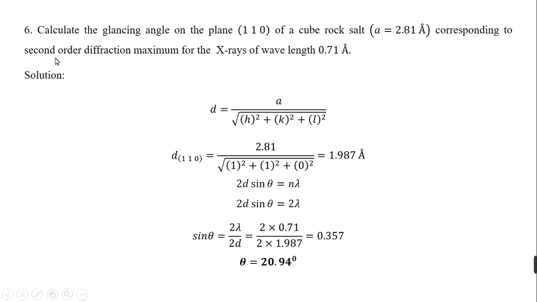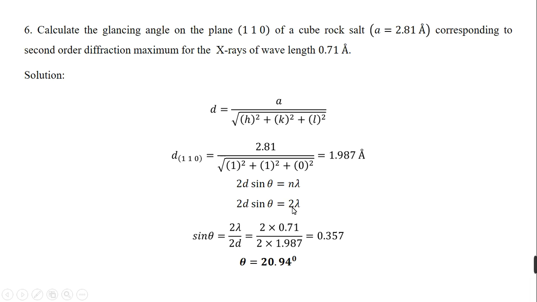Second order means n must be substituted as 2, second order diffraction maximum for the X-rays of wavelength 0.71 angstrom. So again theta is to be determined. The same formula you are going to follow here, that is 2d sin theta is equal to n lambda.